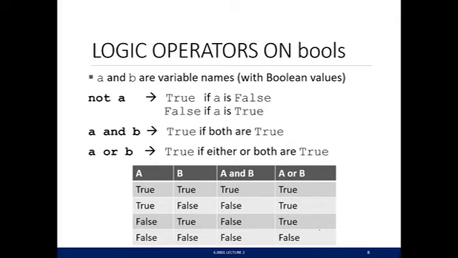These are keywords in Python. You can use those two keywords on Boolean variables. And you get the result A and B is only true if both A and B are true. And A or B is only false if A and B are false. Okay, and this is the complete table, just in case you need to reference it.